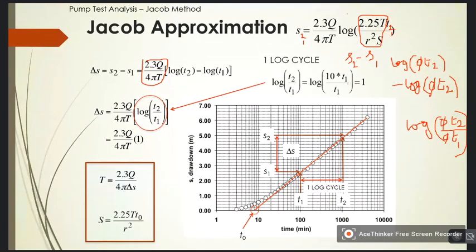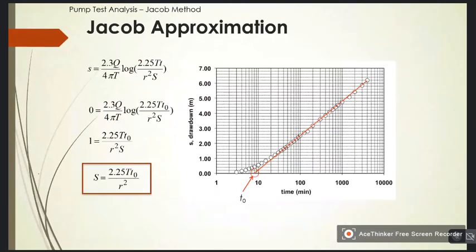S2 minus S1 is nothing but delta S. This is used only to get the value of T.